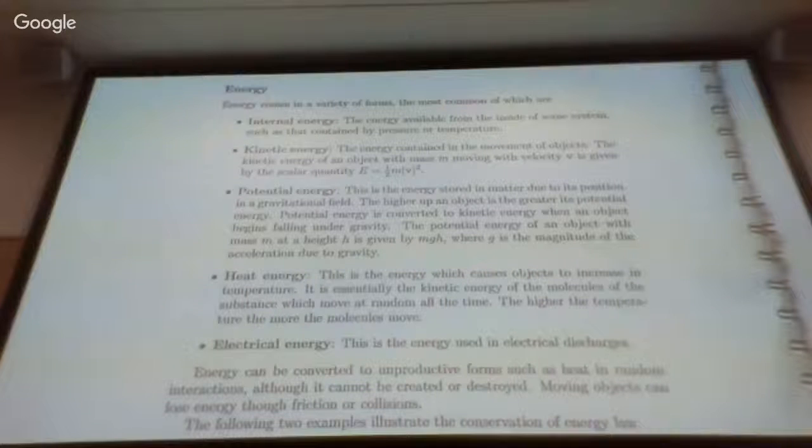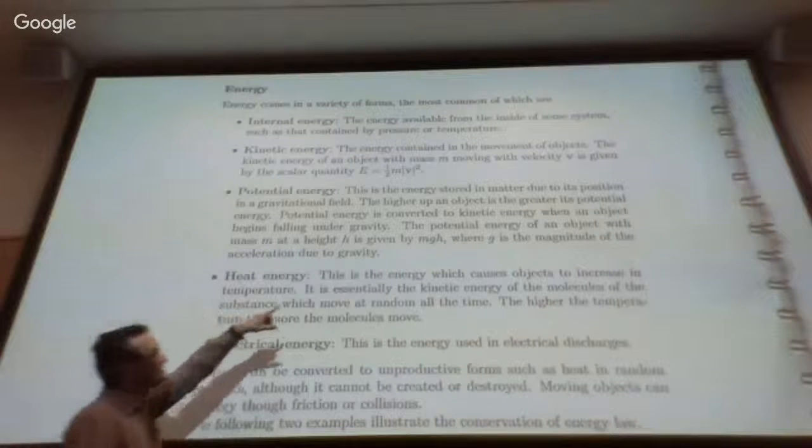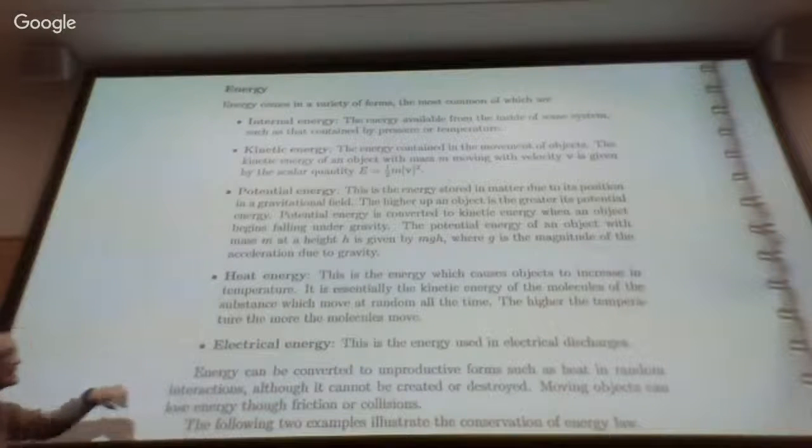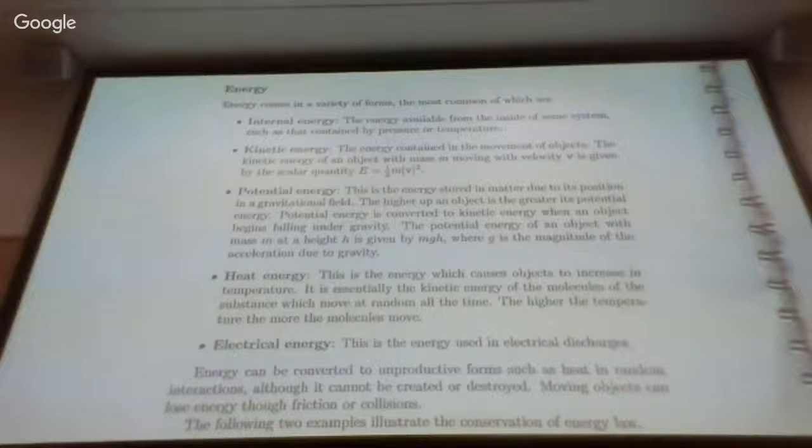So that's called potential energy, because if the object is being supported at a certain height, the energy is stored in the object, and the energy can manifest itself if the object starts to fall under gravity. Where is the energy coming from that's making the object move up? The energy is there as potential energy when the object is at a certain height. And this is quantified as mass times g times the height. Okay, so the mass of the object times the magnitude of the acceleration due to gravity times the height of the object.